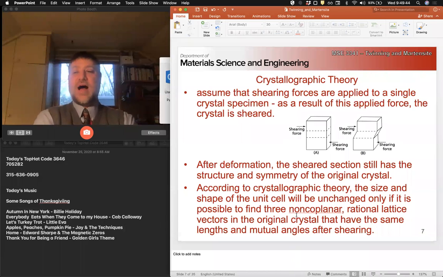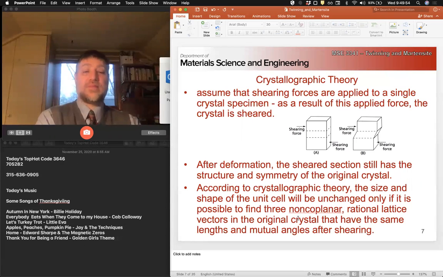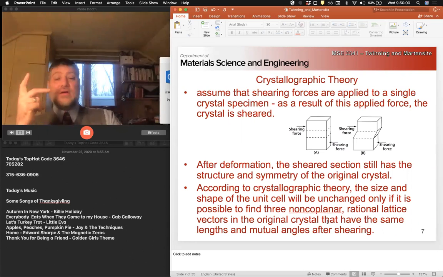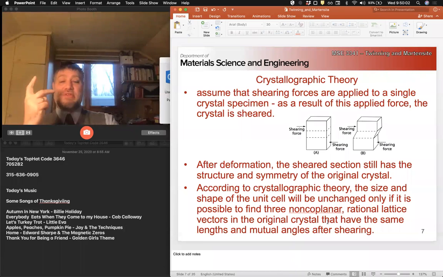this is only possible if, for this not to change the crystal structure, we have to have essentially 3 lattice vectors that are going to share the same lengths and mutual angles after the shearing.